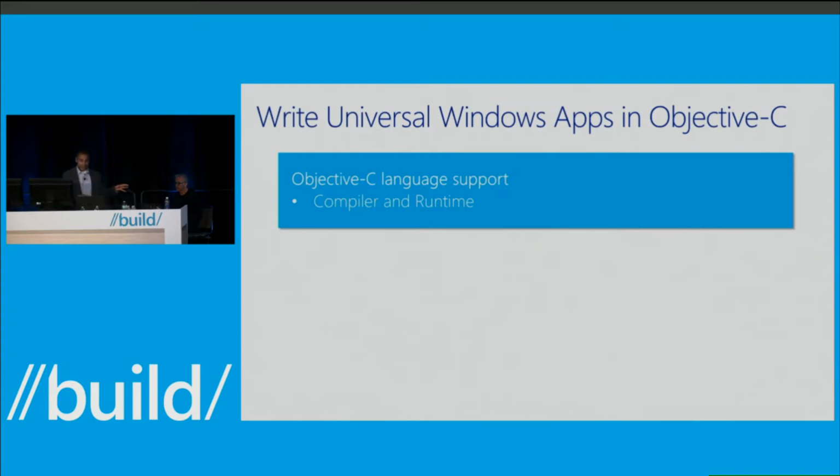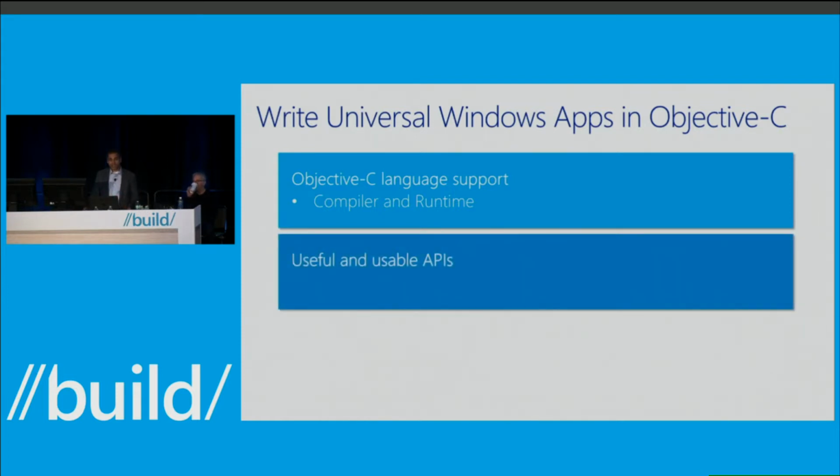And again, thanks to Jim and team, we've got a great compiler with all the great optimizations, security features, interoperability, all that sort of stuff. But along with that, we are providing you with a great Objective-C runtime. So all your advanced Objective-C features, things like automatic reference counting, blocks, all of those sorts of things, they're just going to work.